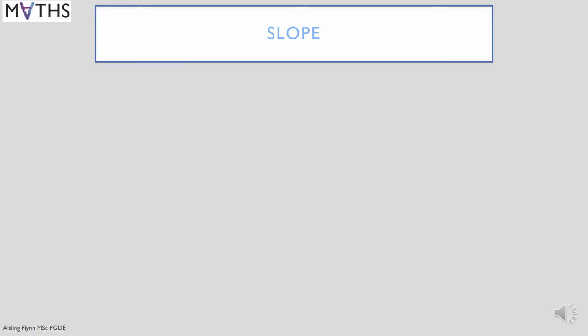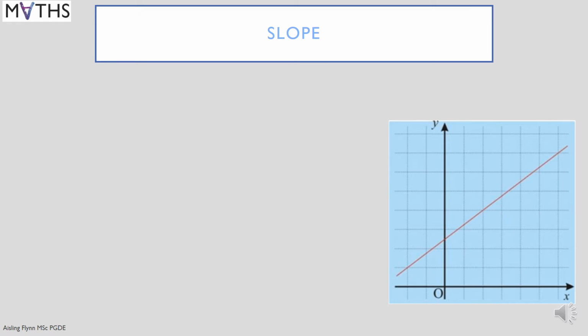Slope. So when we take data for things like the motion of an object or the population of a city, we can put that data onto a graph to visualize the changes. And as a result, we get a line or a curve. And we can measure the changes in motion or population by studying the slope of the line.